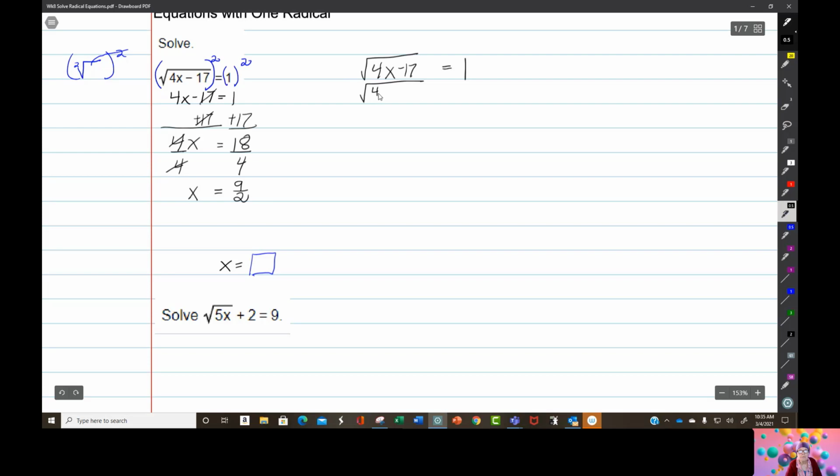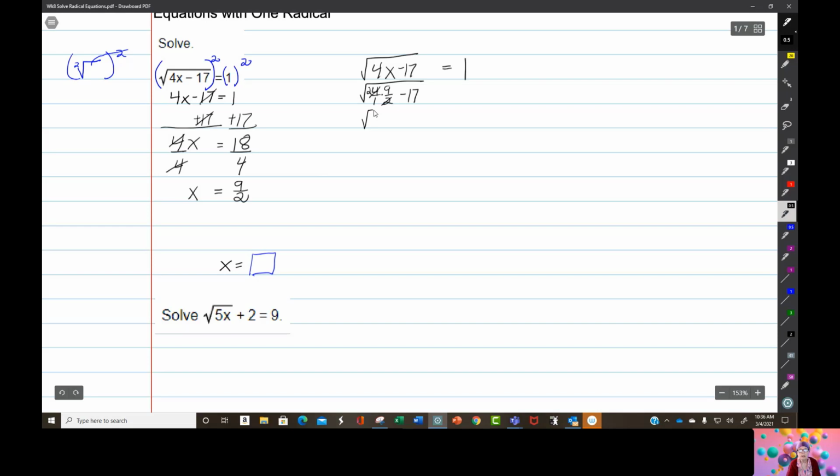So I'll have 4 over 1 times 9 over 2 minus 17. Now this is just so you can do it by hand easily. 2 goes into 4 2 times. So we'll have 2 times 9 is 18.